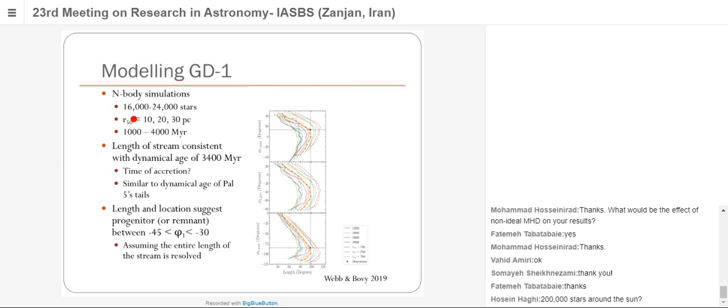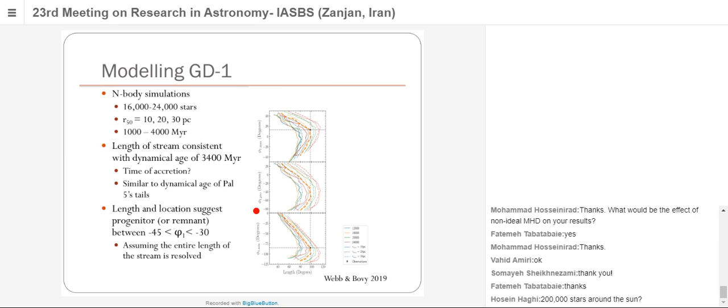For our large suite of simulations, with a range of initial star numbers, sizes, and masses, we really tried to reproduce the length of the stream and the location of the progenitor of the stream. GD1 has fully disrupted, but there are a few different proposed locations of where that progenitor could be, based on gaps and underdensities in the stream.